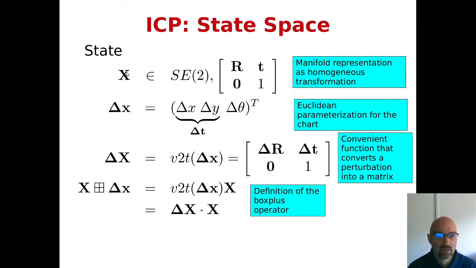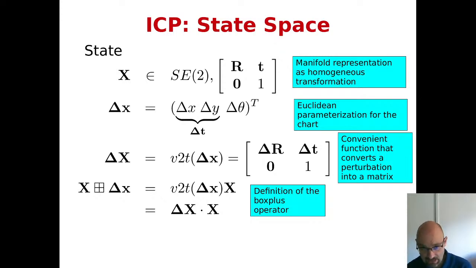And then what could you do? Well, now you will encounter the famous V2T. The most sensible thing to do is to calculate a tiny transformation matrix from the perturbation, which we do with the well-known V2T operator. That takes the rotational component and computes the rotation matrix, takes the translational component and computes the translation vector, and then we are left with what I call capital delta X, which is another fancy, nice, well-behaved transformation matrix, right?